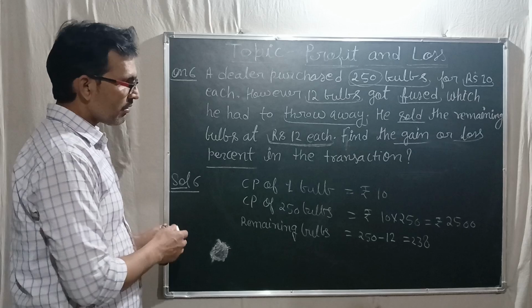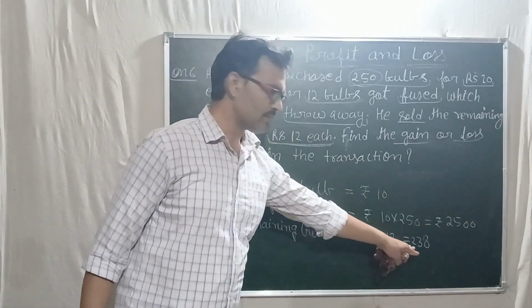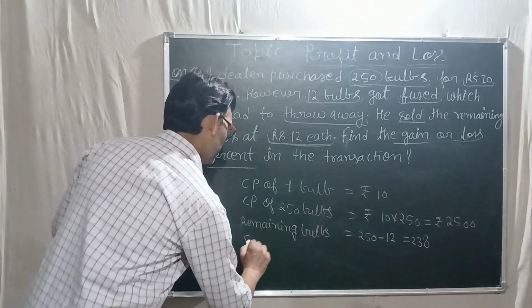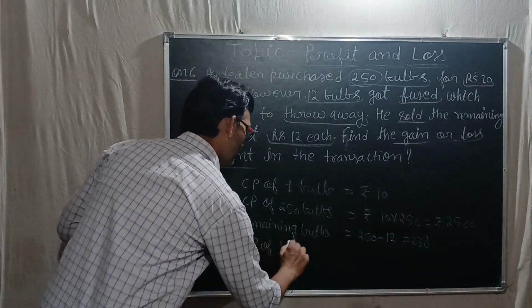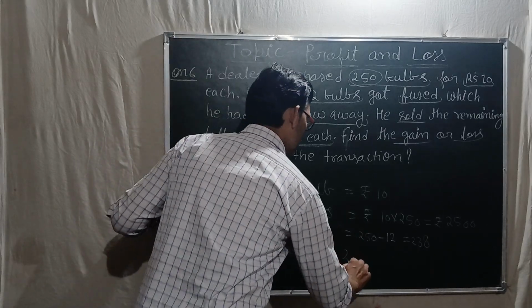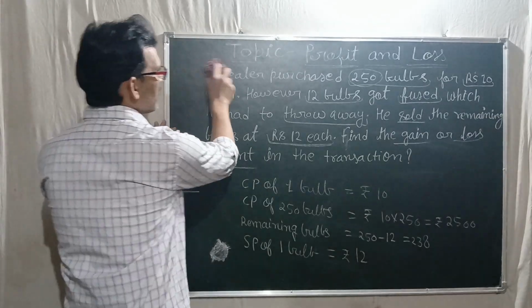So from the selling price of one bulb, we will find the selling price of 238 bulbs. SP of one bulb equal to rupees 12.